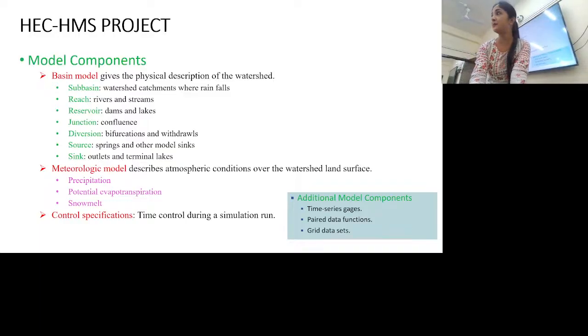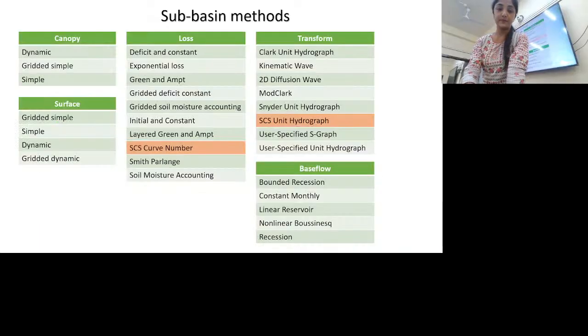The first one is your basin model, for which we will develop the sub-watershed. We will give all the methods for different components of the water cycle and different parameters. Then we will create the meteorologic model where we will give the weather data, and finally we will create the control specification file to simulate the model.